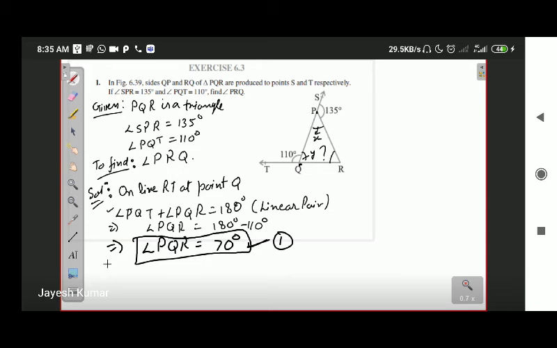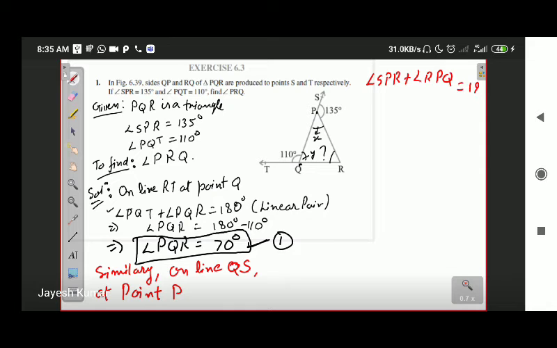Similarly, the next line we are going to take is QS. On line QS at point P, what happens at point P? Angle SPR plus angle RPQ is again equal to 180 degree.